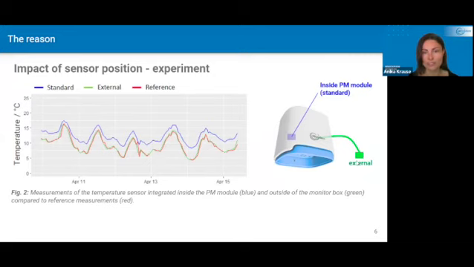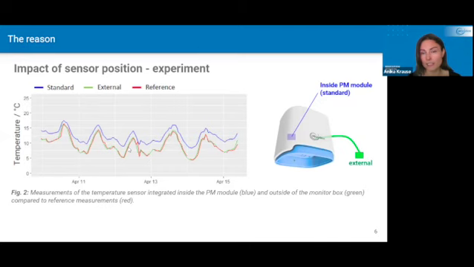It's exactly the same sensor model, the same version. It's just the placement which is different. And then in red, you can see the temperature measurement from the reference instrument. And you can see the external temperature sensor works actually really well. It agrees very well with the reference.